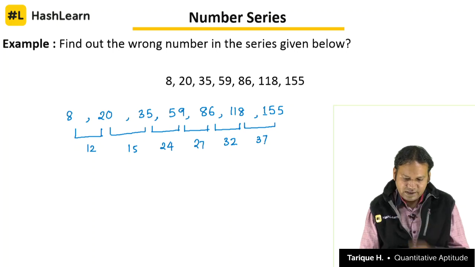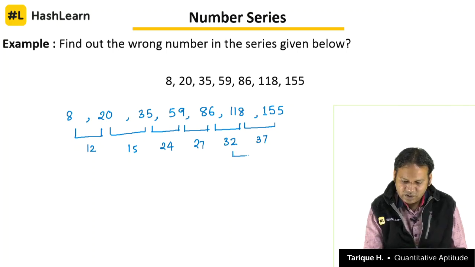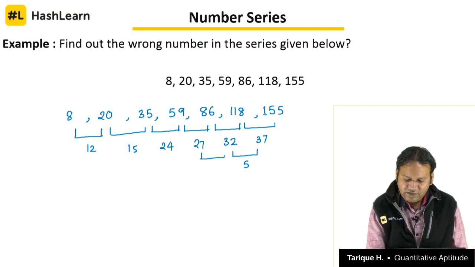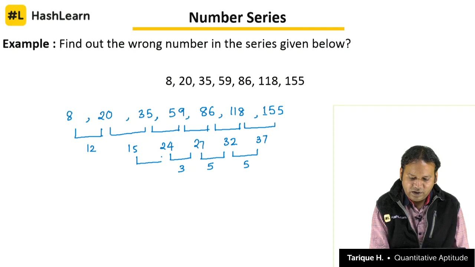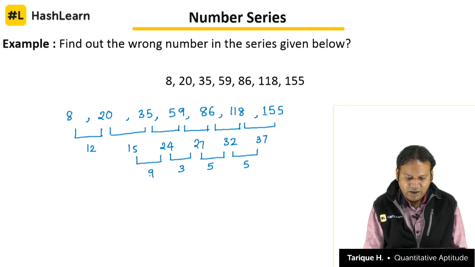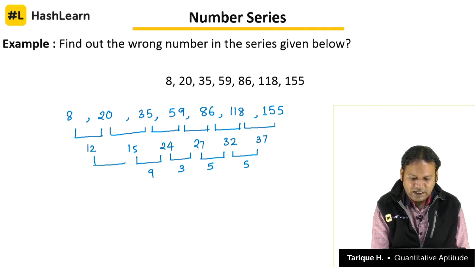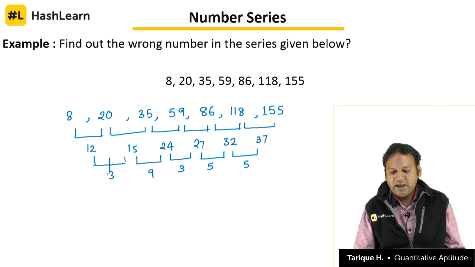So we are getting some kind of a constant difference. 32 and 37, that is 5, and 27 and 32, which is also 5, 24 and 27, which is 3, and 15 and 24, that becomes 9, okay, and 12 and 15, again that is 3. So 3, 9, 3, 5, 5.